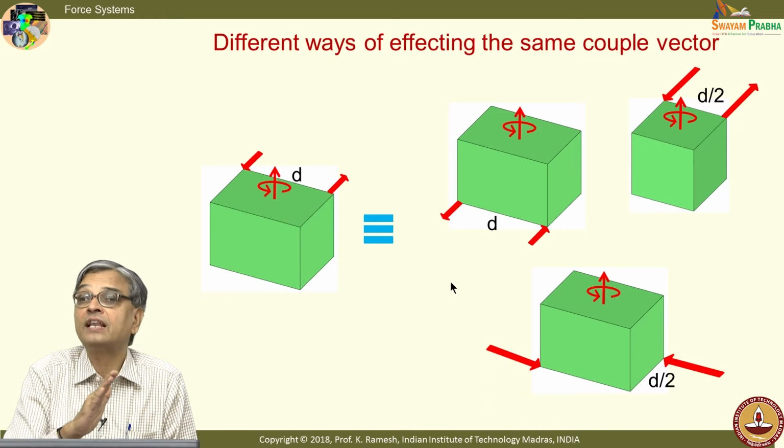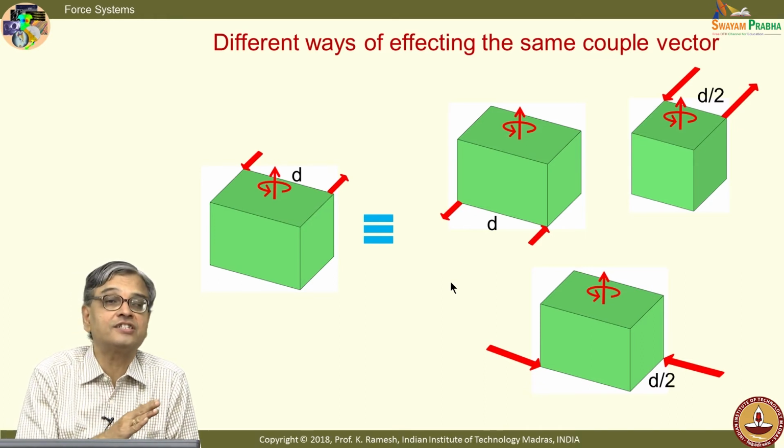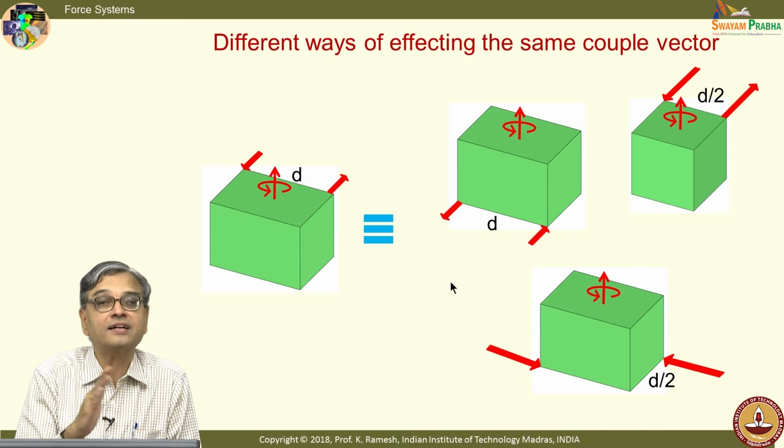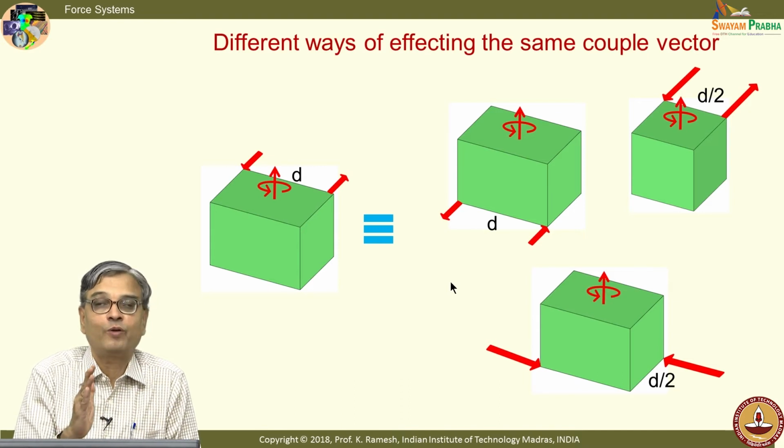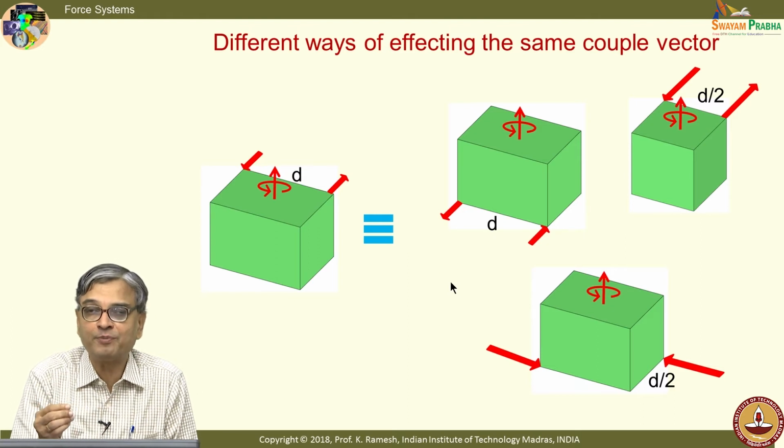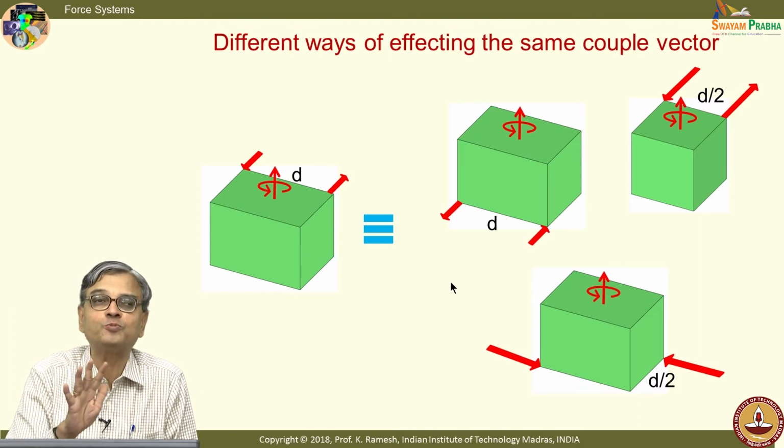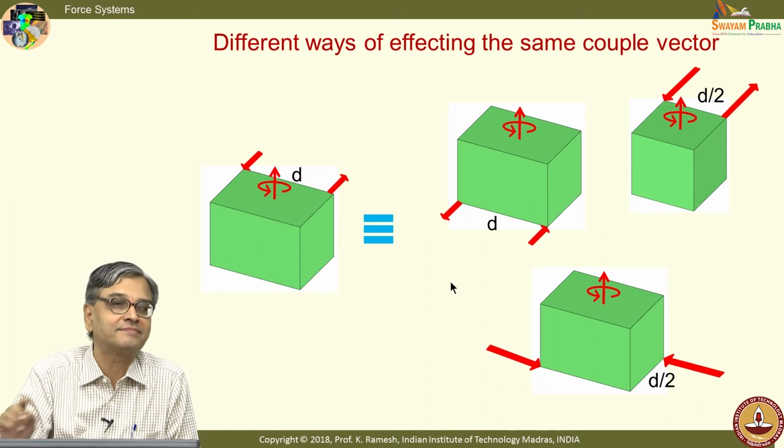They are one and the same. See, you need to understand a distinction between a moment and a couple. While you learn it, they look simple, but when you start solving problems, you always get confused between a moment and a couple.